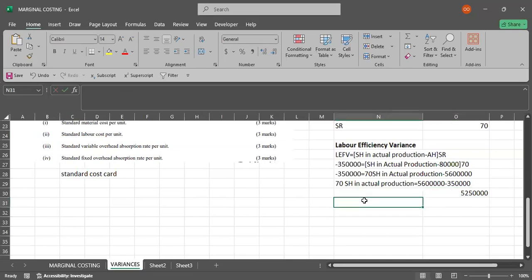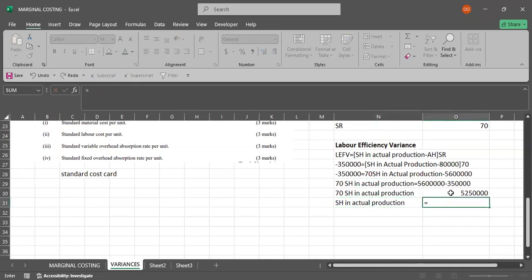If you want to get standard hours on its own in actual production, we divide by that 70, then it is giving us 75,000.